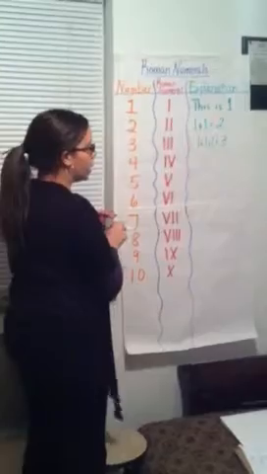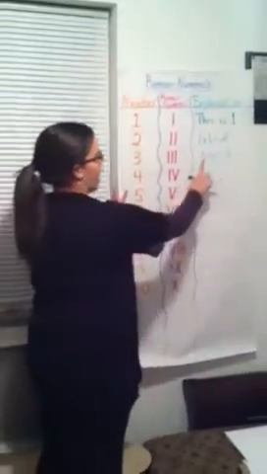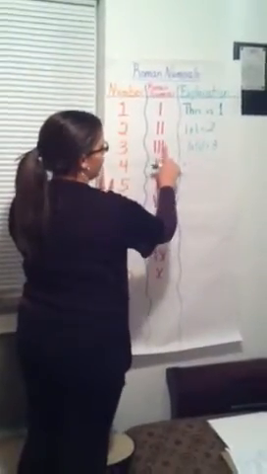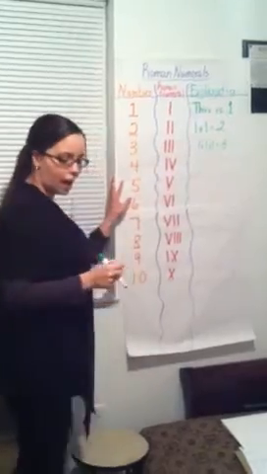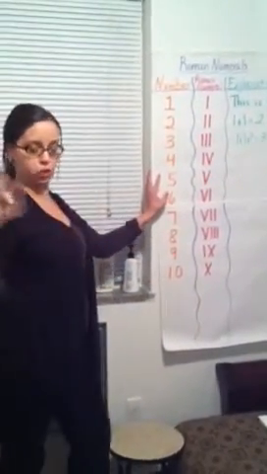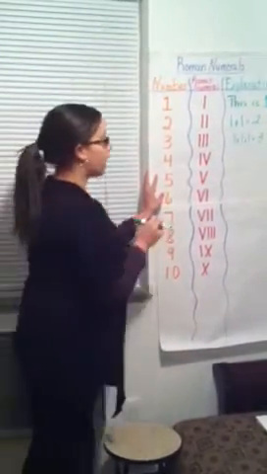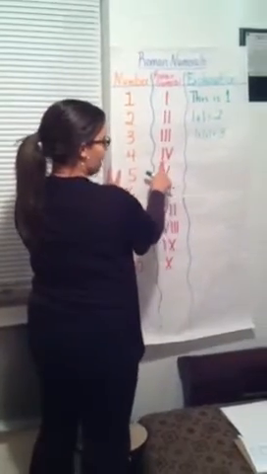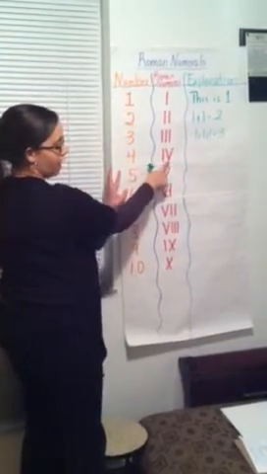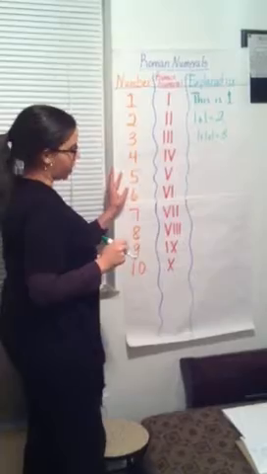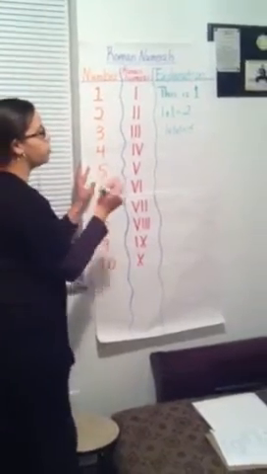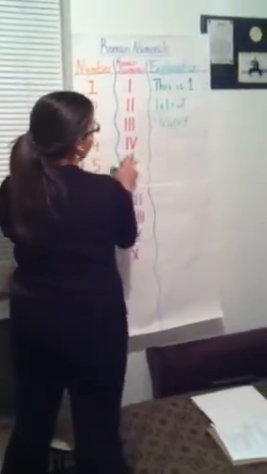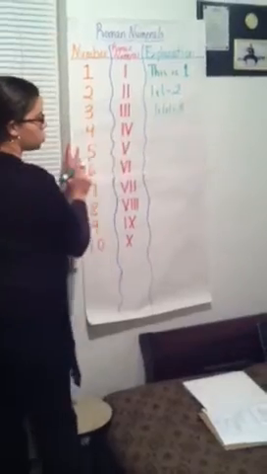Now for 4, instead of writing 4 eyes, they figured it would be too confusing. So what they did is they added an I in front of the V. Now when you see this in Roman numerals, what this really means is to subtract.